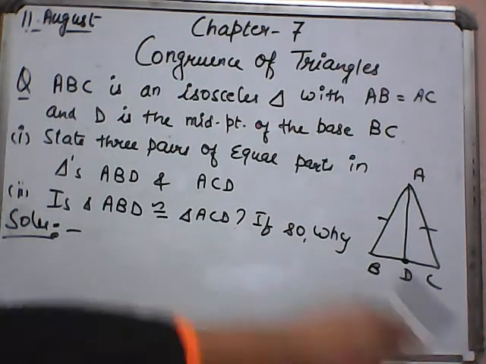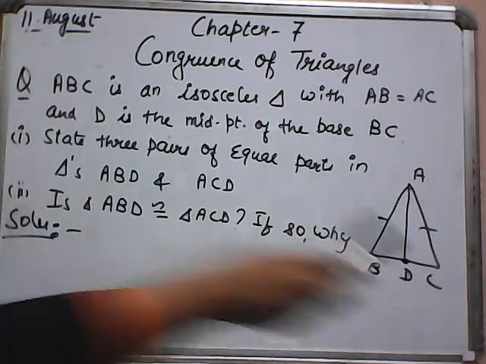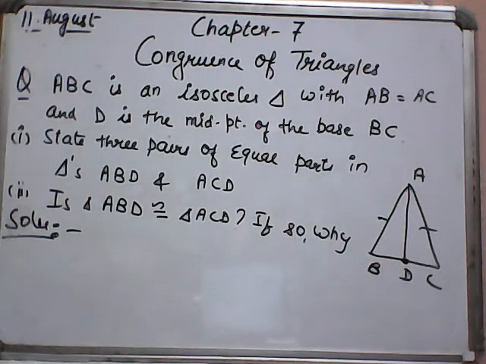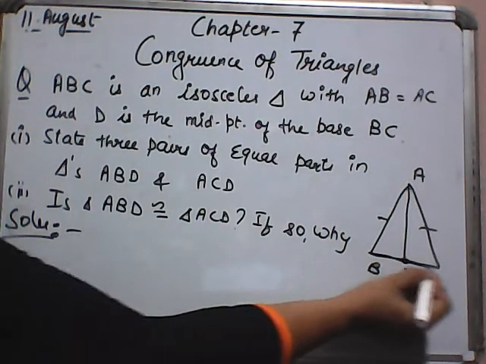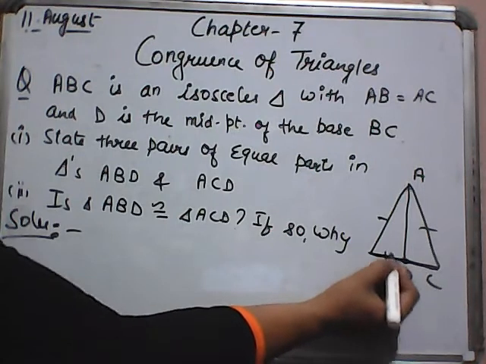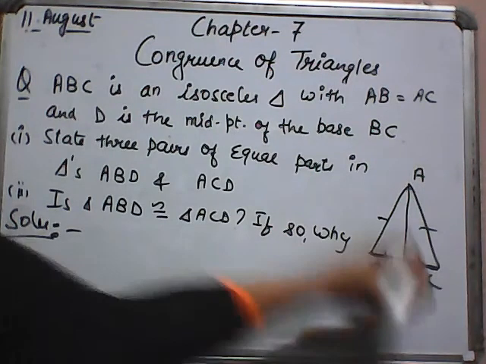BC is the base and D is the midpoint. It means the midpoint divides the line segment BC into two equal parts. BD is equal to DC.